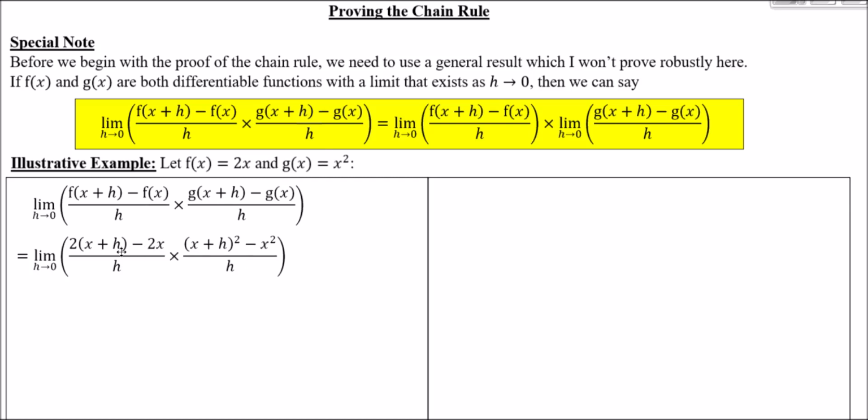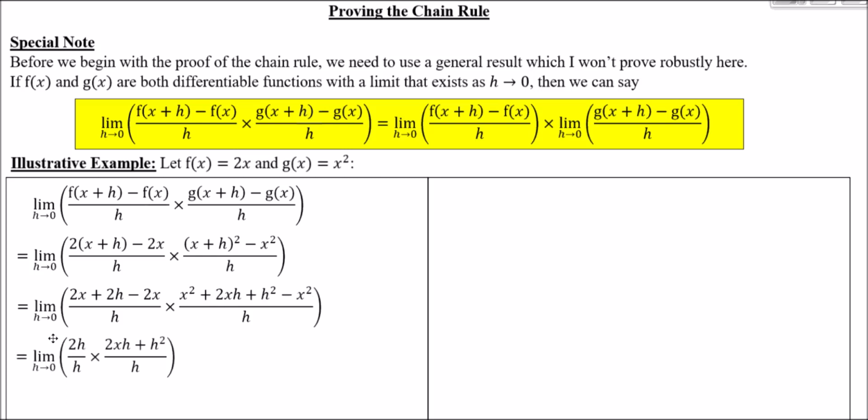We can expand out and then simplify these bits. This becomes 2x plus 2h minus 2x over h, and expanding x plus h all squared gives us x squared plus 2xh plus h squared minus the x squared. So we can cancel the 2x and the minus 2x here, the x squared and the minus x squared here, to give us that it's the same as the limit as h tends to 0 of 2h over h times 2xh plus h squared over h.